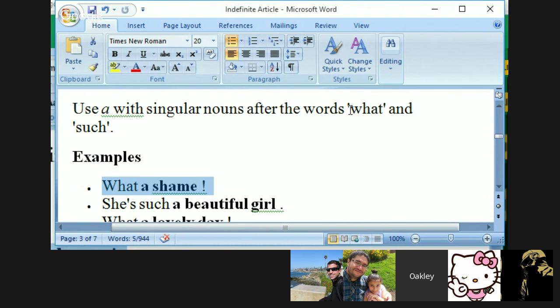Okay, with what? There are expressions and also possibilities where you could have no article. What nonsense, for example.